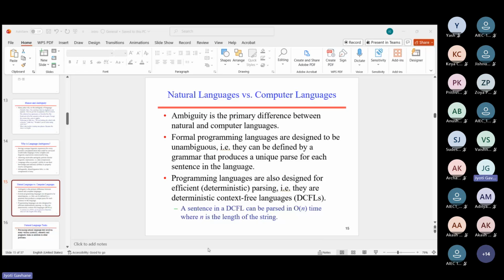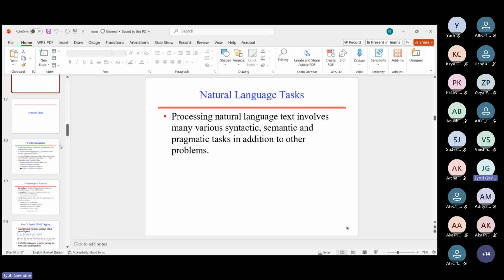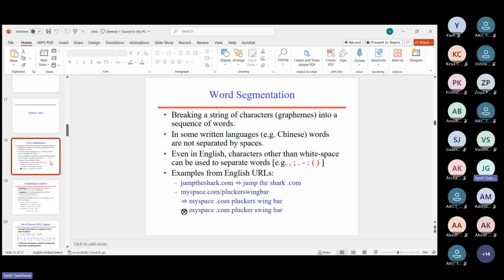Now coming to the next part. So these are some of the simple tasks. Yesterday also we have gone through this. I'll just be refreshing the statements. Now, as I told, word segmentation is a part of syntactic analysis, right? So you may find here how a particular word is converted into words, or a string of characters.